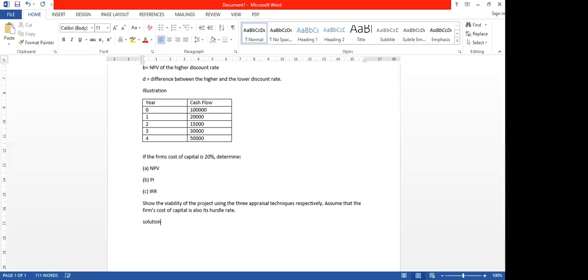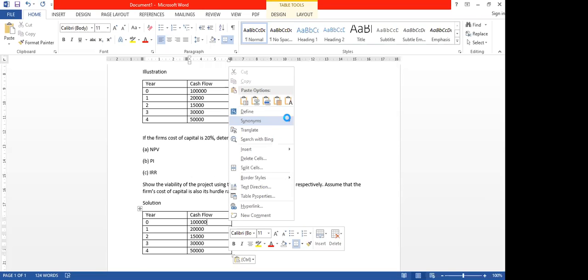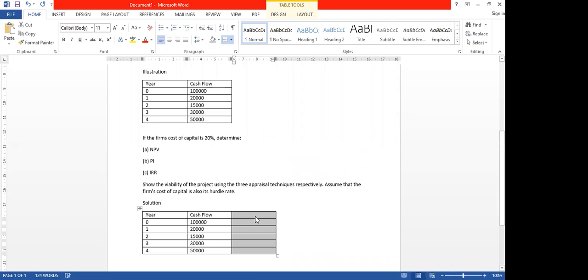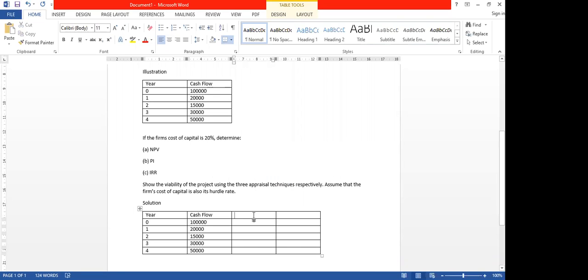Here's our solution. First this, then we can add some columns. Okay, so we have the discount factor at 20%, and then we'll have the discounted cash flow, the DCF.